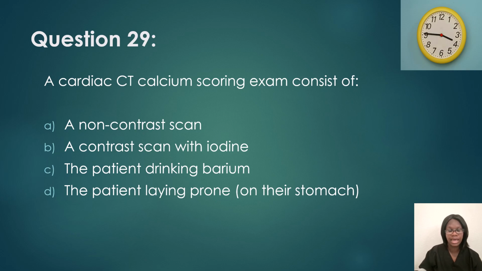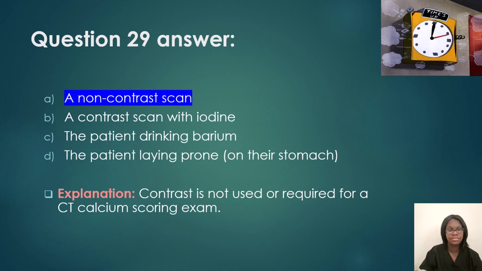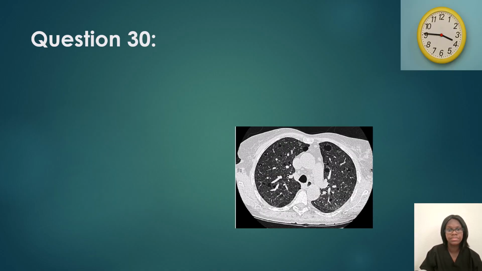All right, the correct answer is A, non-contrast scan. Contrast is not used or required for a CT calcium scoring exam. So that's always going to be done without contrast.